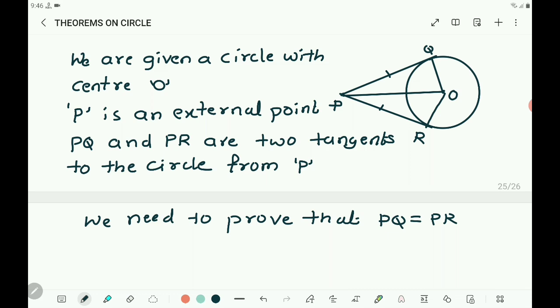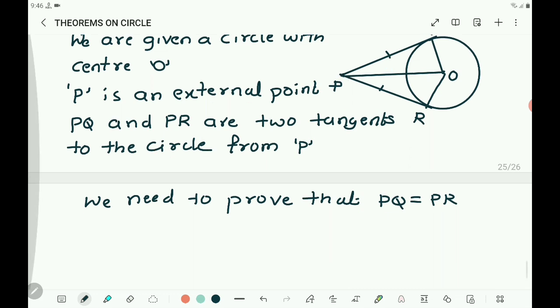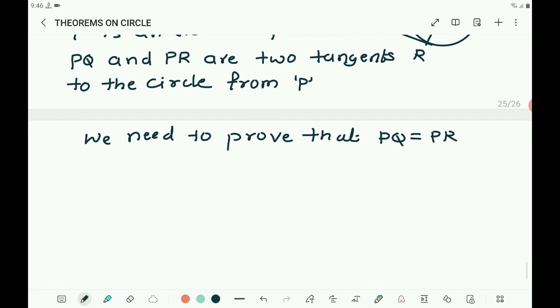That is the extra construction needed. So let us join OP, OQ, OR.